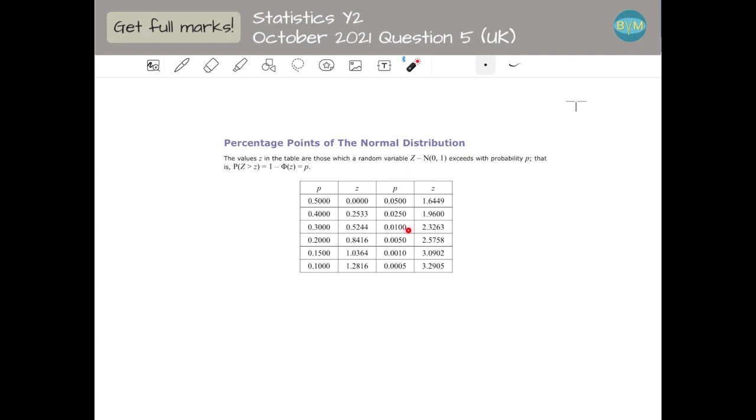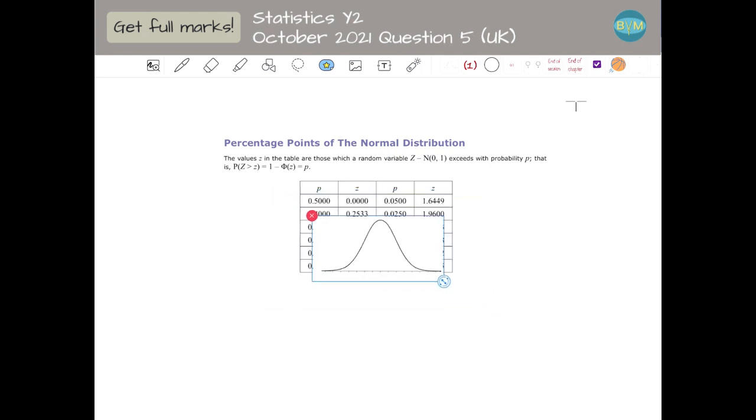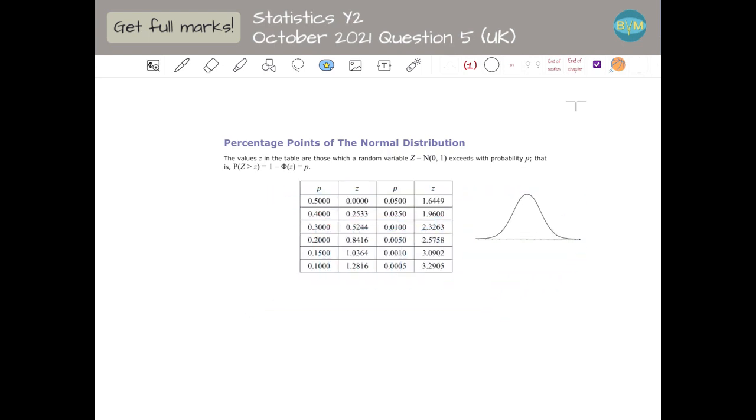But we talk about values greater than a set, and we have smaller than a set. So remember, this is symmetrical. So if we think in the normal distribution again, this is symmetrical, and we are talking about normal 0,1 now. So this is only for normal 0,1, this is 0.